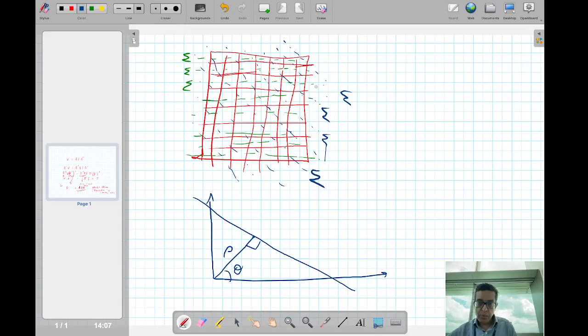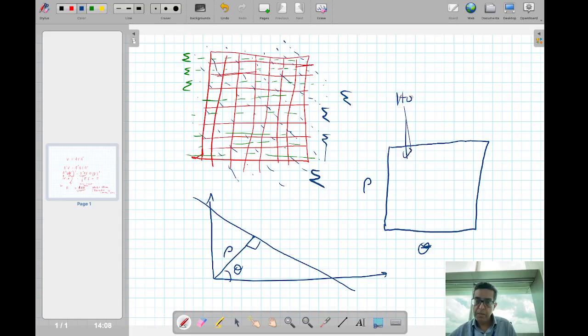So in the end, when I do these sums, I can put the sums into an array that has theta on one axis, and rho on the other axis. This is called my Hough transform space.